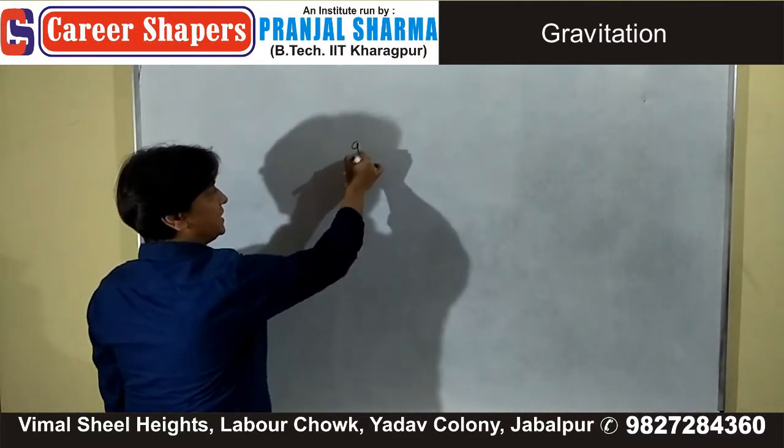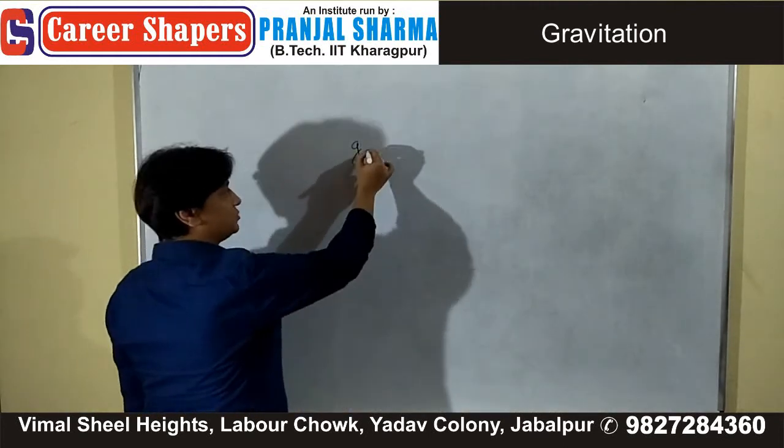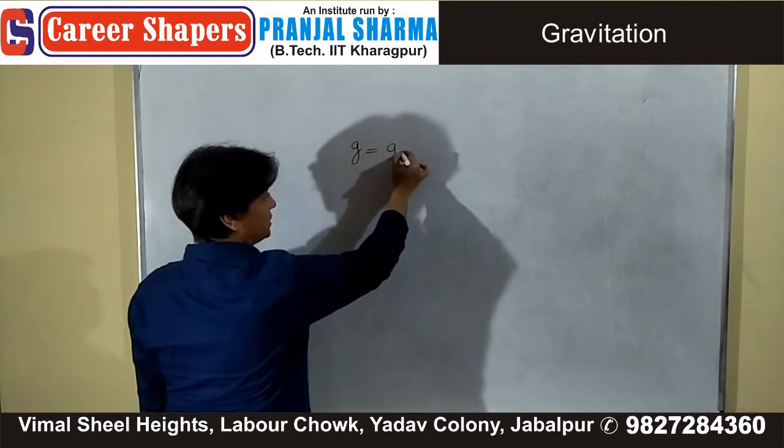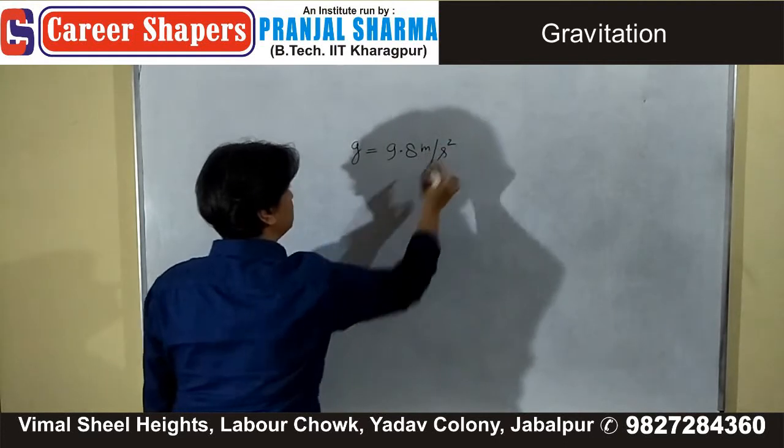It is represented by g. For Earth's surface, you already know its value. This is 9.8 meters per second square.